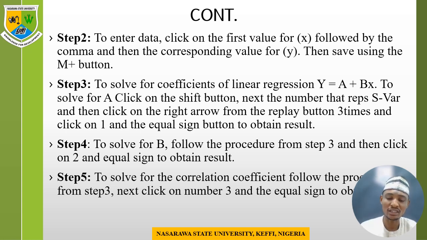That is for the constant. Also, to solve for the coefficient of x, which is b, follow the procedure in this particular step 3 and then click on 2 and the equal sign to obtain the result.